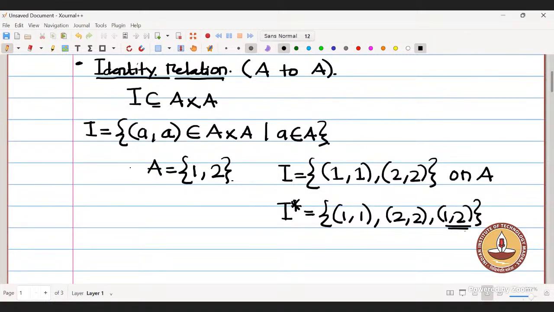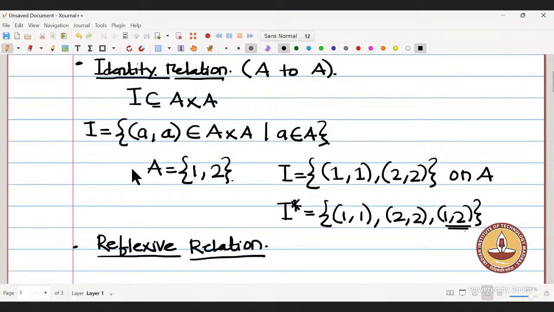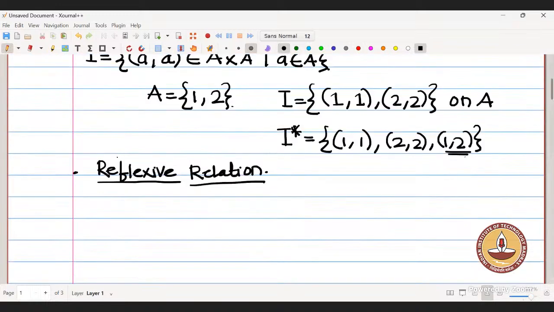The next one is the reflexive relation. What is the definition? Again, the reflexive relation you define on a relation from the set A to itself.